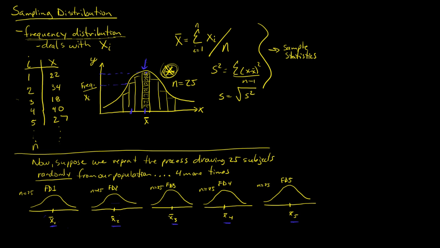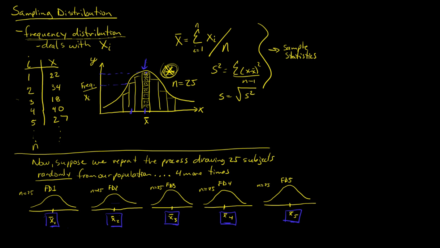So I can take this mean score, this mean score, this mean score, the 4th one, and the 5th one, and I can now create a frequency plot of these x bars, not a frequency plot of xi scores, or raw scores.